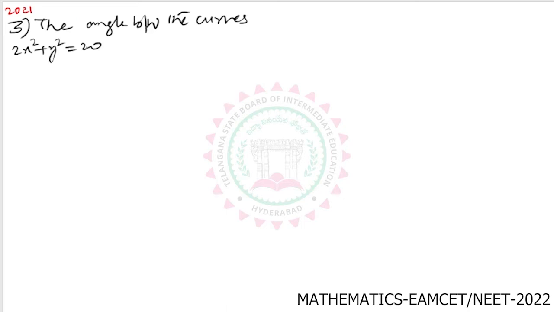The question is the angle between the curves. Two curves are given. 2x square plus y square is equal to 20 and 4y square minus x square is equal to 8.